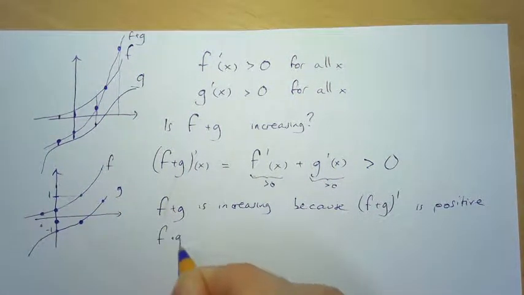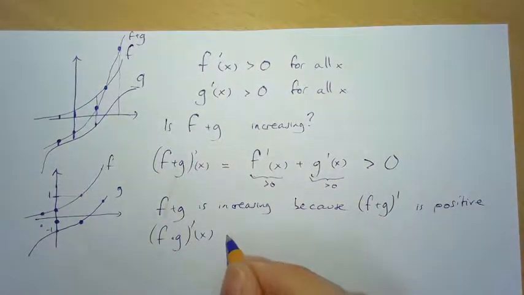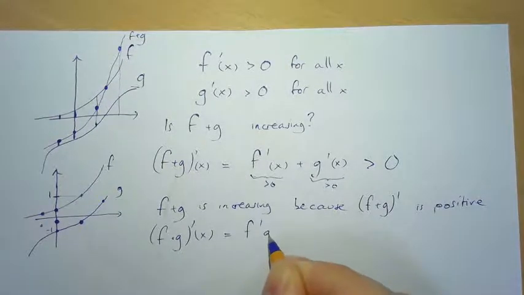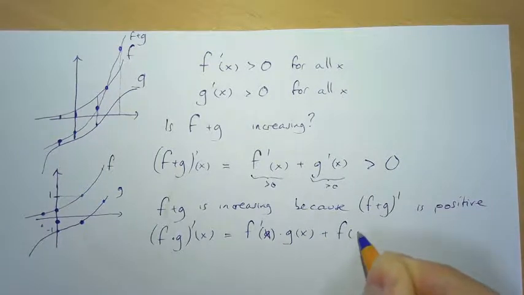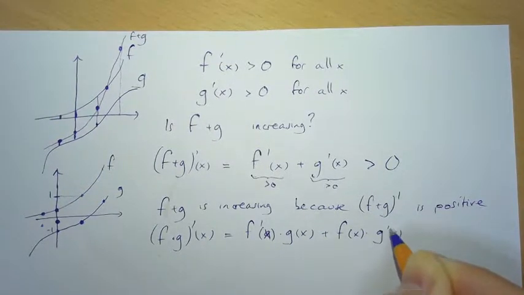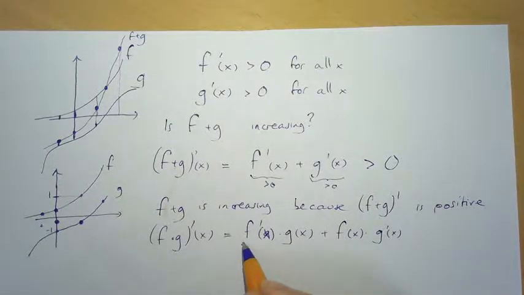However, we can think in terms of derivative. The derivative of f times g is f prime times g plus f times g prime. So is this always positive? That's not clear at all.